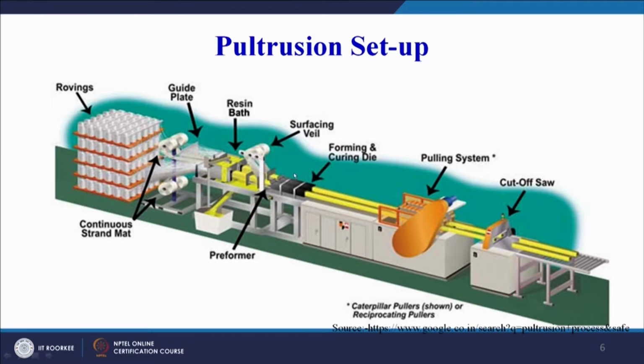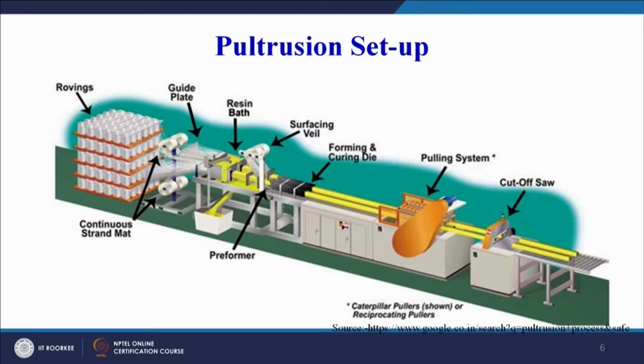There is a surfacing wheel, which we can say is a top covering of the final product. So that will provide a covering on top of the pultruded product. This surfacing wheel is coming from this roll. In many cases the surfacing wheel may not be there, we may get a directly pultruded product because the forming die will give a very good surface finish to the product.